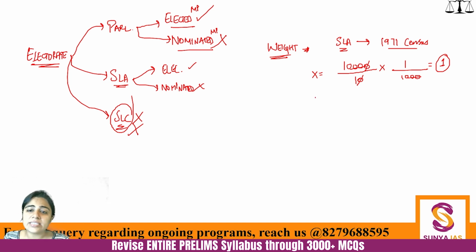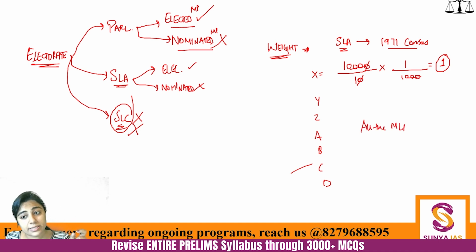Similarly, for every state, Y state, Z state, A, B, C, D, for every state, this process is followed. Okay. Now, when this process is followed for every state, after that, the weights of all the MLAs across the states is added on.